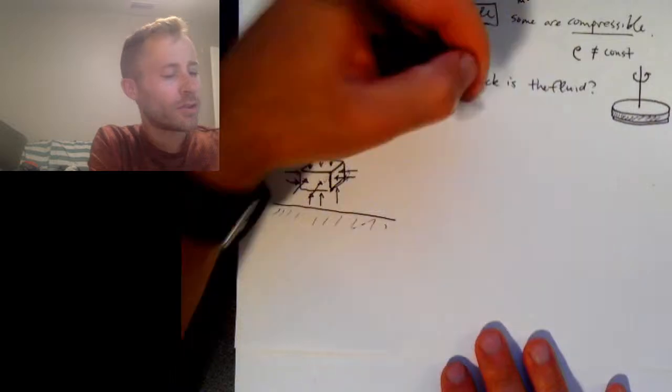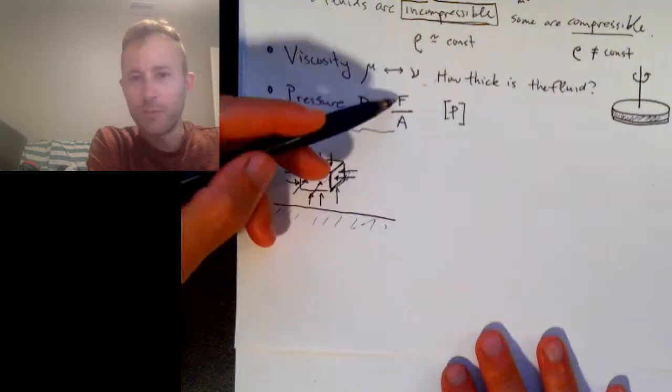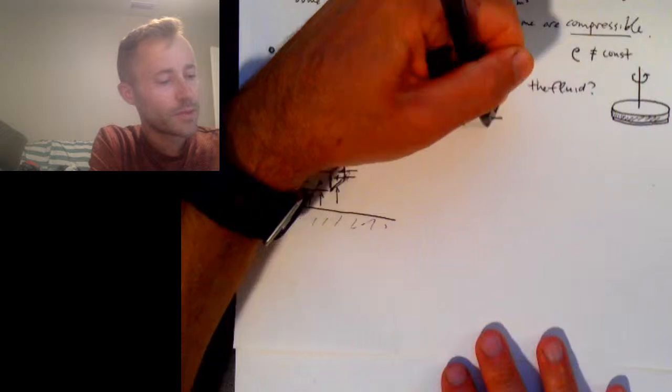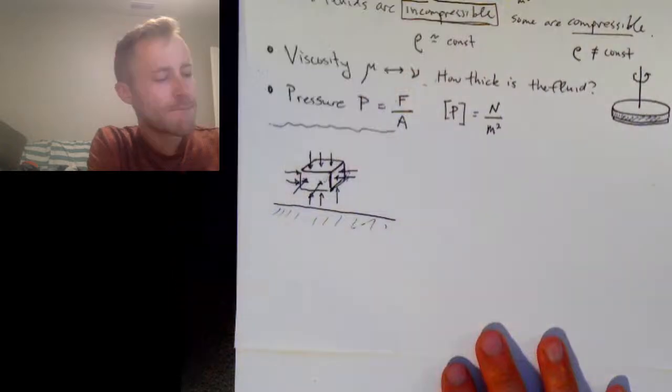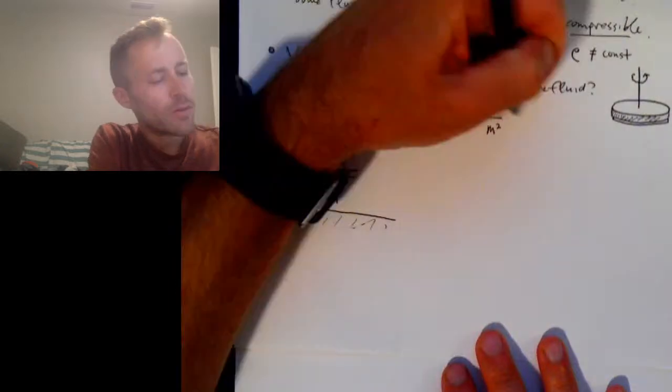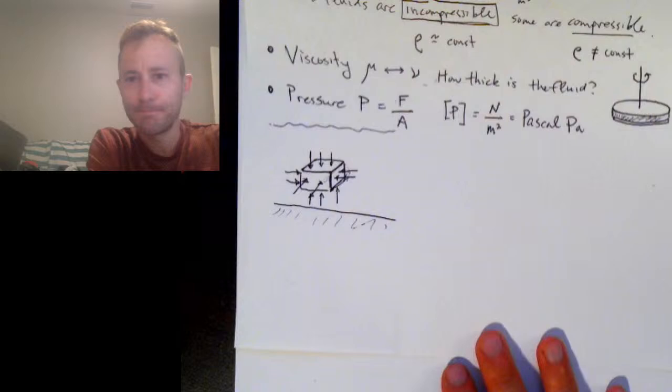The units of pressure: pressure is a force divided by an area. Force is measured in newtons, and area is measured in square meters, so pressure is measured in newtons per square meter. This is called the Pascal, abbreviated Pa.